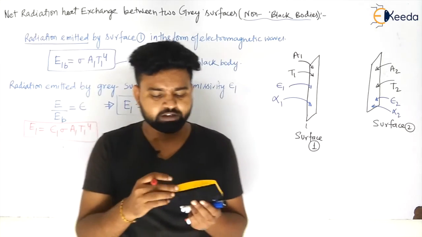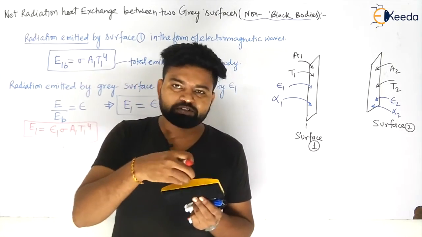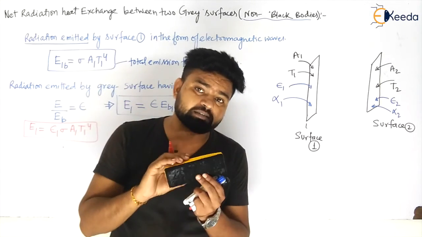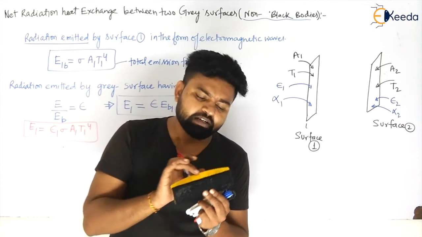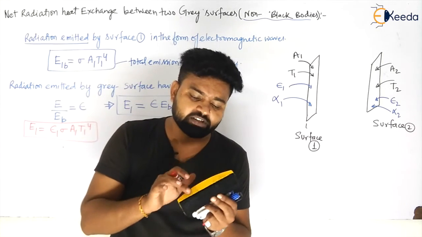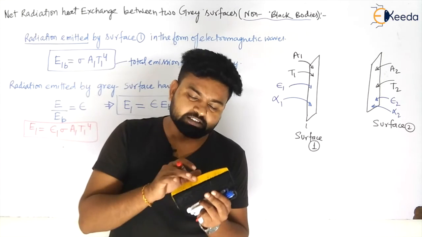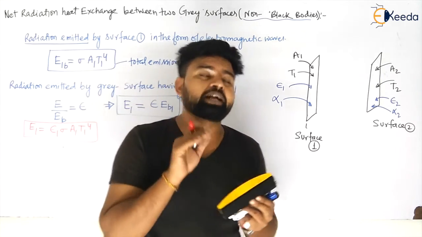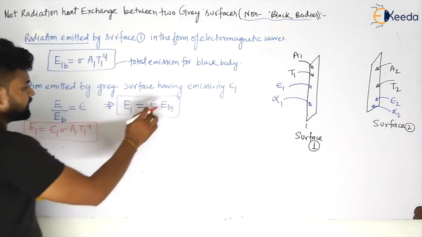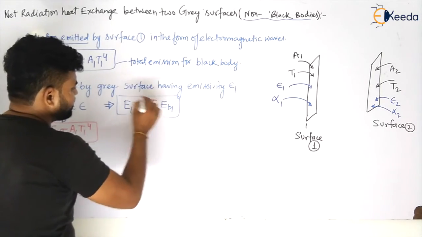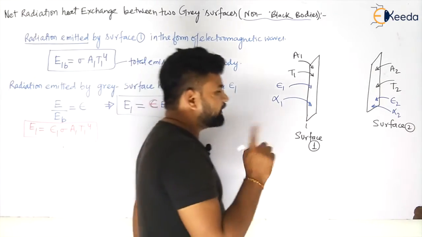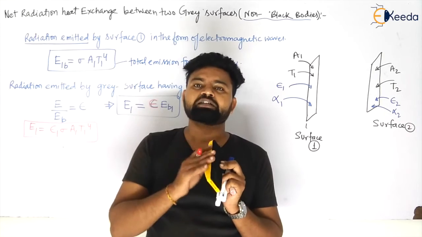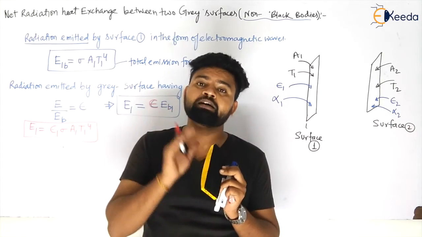Hope you are getting that feeling now. I have to compare it to the black body. If it is a black body, it is emitting 100%. If the non-gray surface has some emissivity, then compared to the black body it is emitting 90%, or with some emissivity E, my dear students, because for a black body emissivity is 1. So all gray surfaces will have emissivity less than the black body.